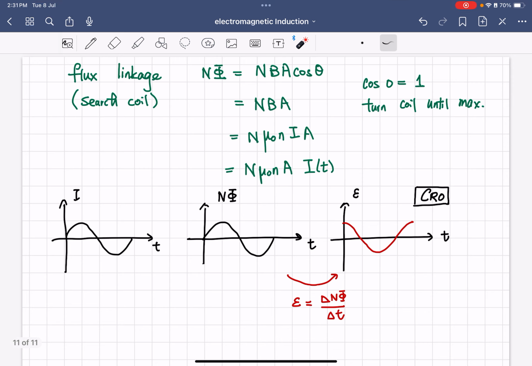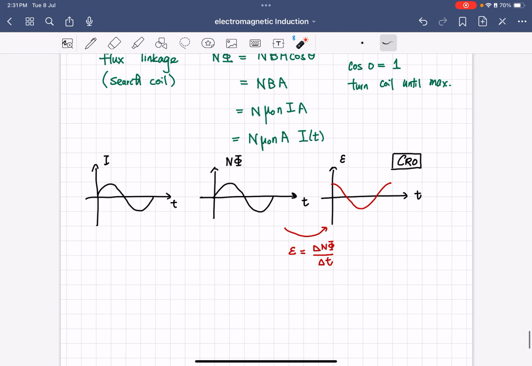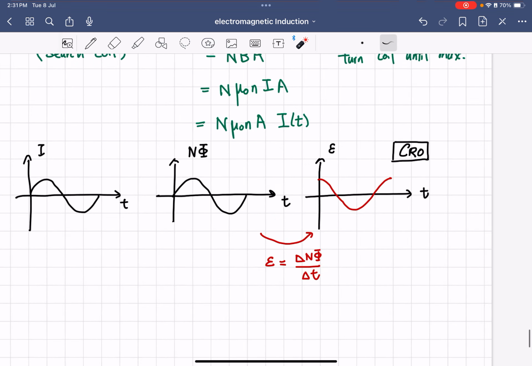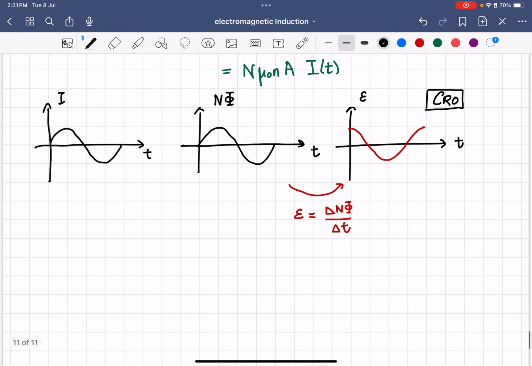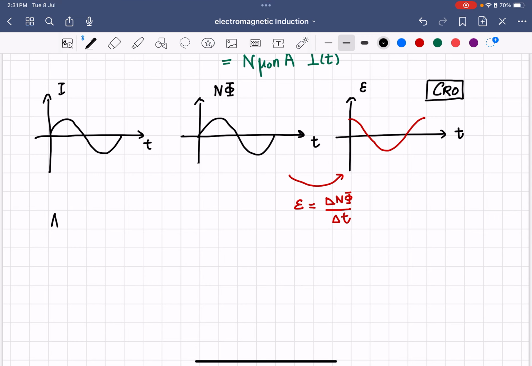Let me think carefully how to describe it well. Then this is how we detect the EMF. After detecting the EMF on the CRO, we go back to our main question. Our goal is to find the magnetic field strength B, and you are only given this graph on your CRO.